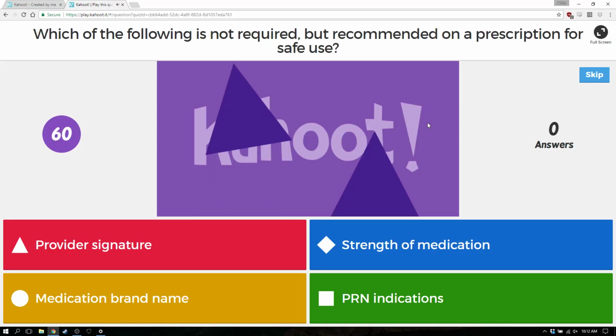All right, which item is not required but recommended on a prescription for safe use? So not required by law.